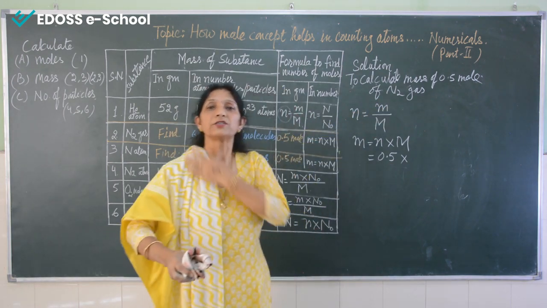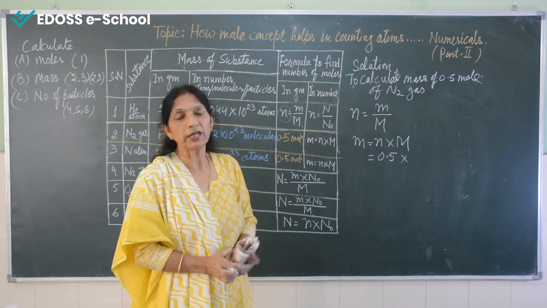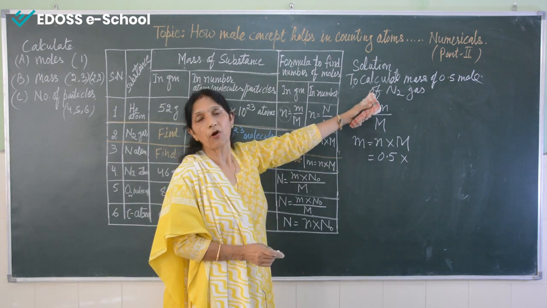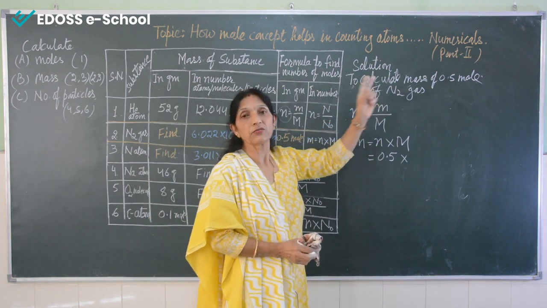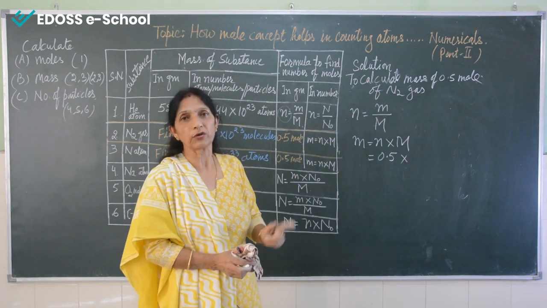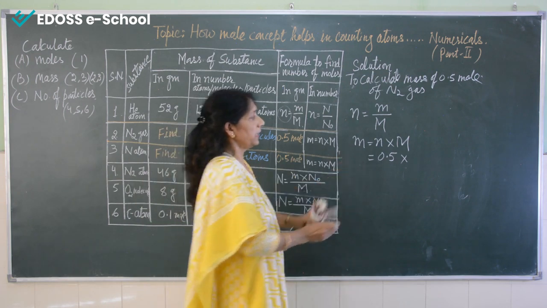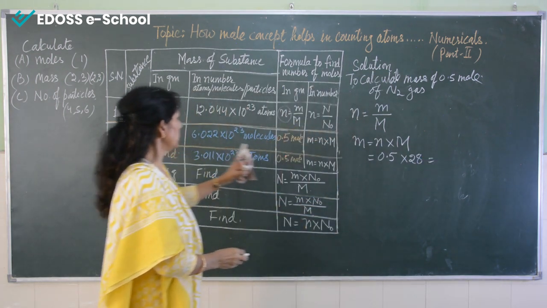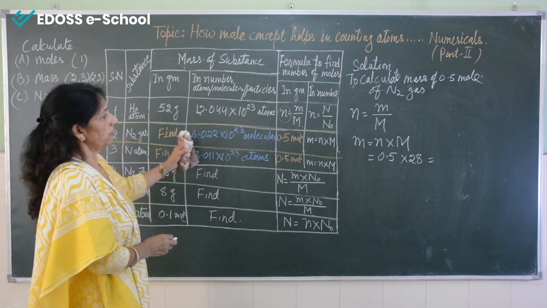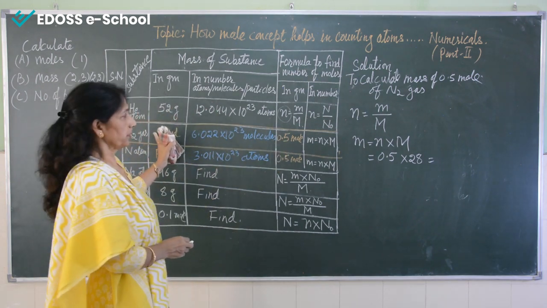So molar mass here we will take 28 in place of 14, because the atomic mass of nitrogen atom is 14, but of N2 is 14 plus 14, that means 28. So we will multiply it by 28. So this will be the answer of this question.